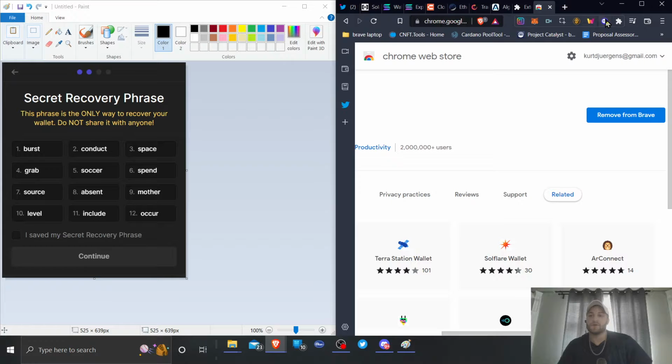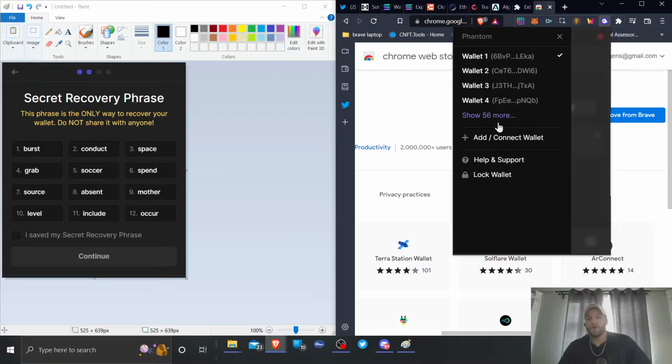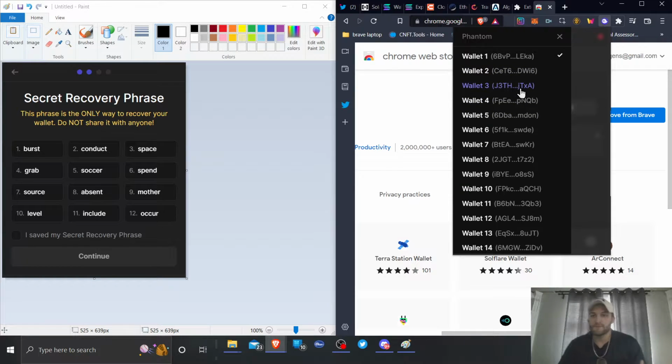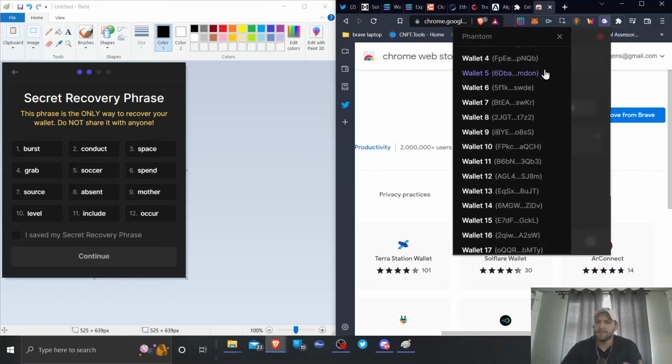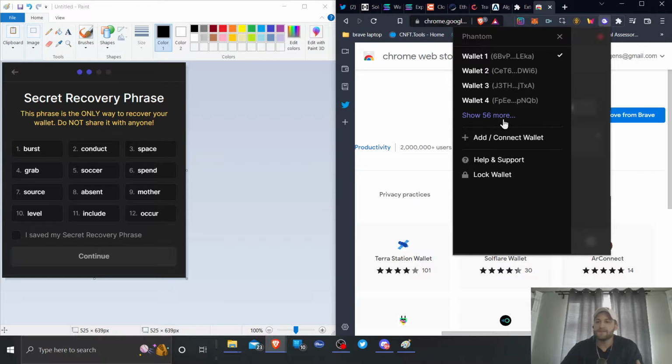Turns out that when you create a wallet on Solana, instead of just creating one wallet like every other blockchain I've ever used, I don't think there's ever been a blockchain where I take a recovery phrase that I created a wallet with and it creates, what was the number on that now? 56 more wallets.